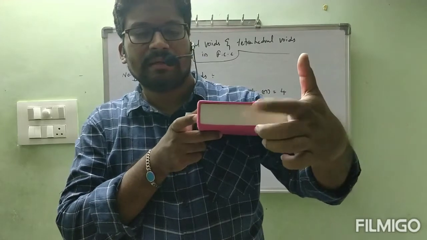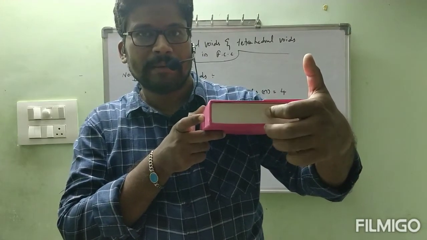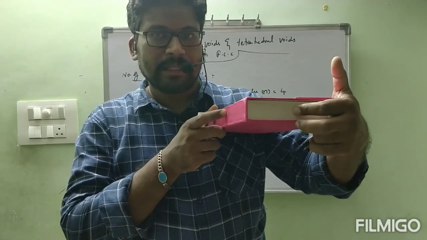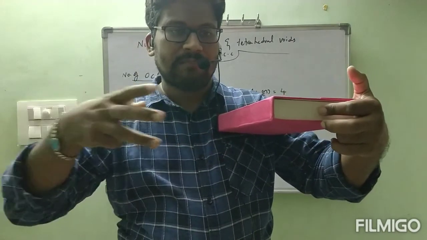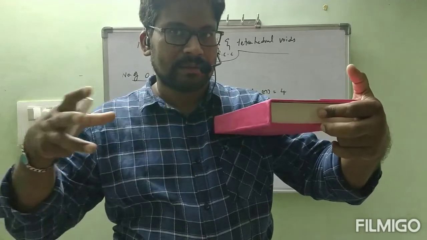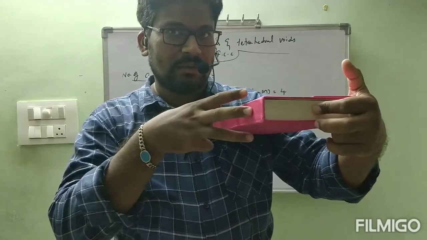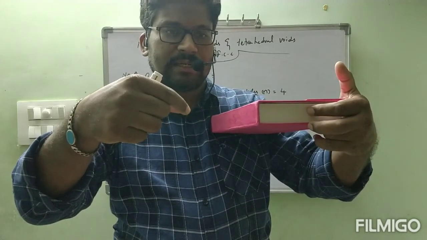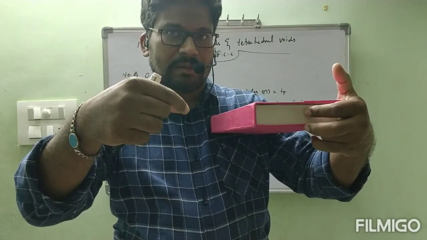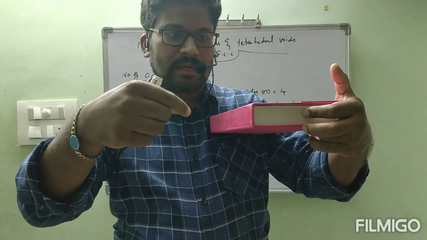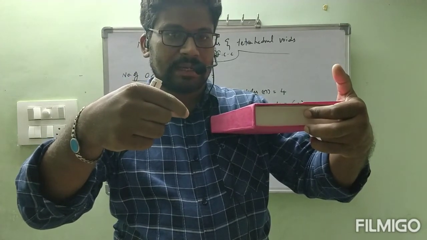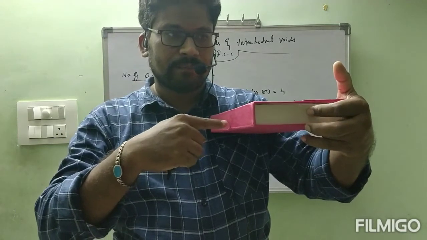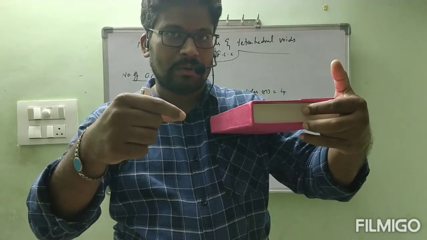This is a face center, one more particle. 1, 2. In the same way, from this side, one more cube is there. From that cube, we have here one face center. Correct? 1, 2, 3.